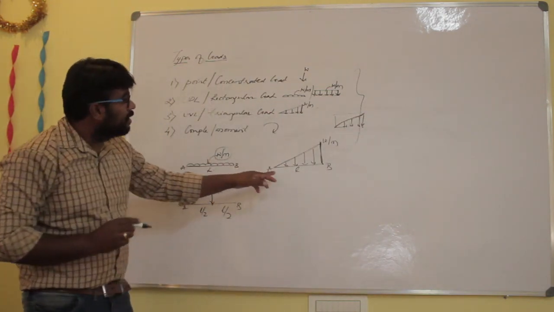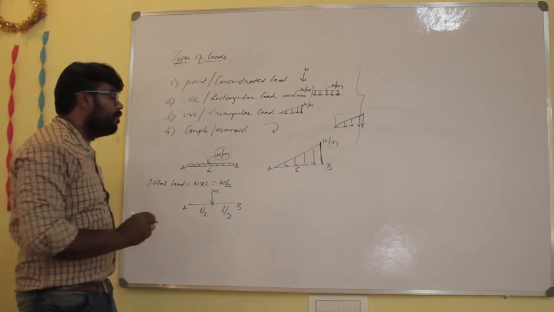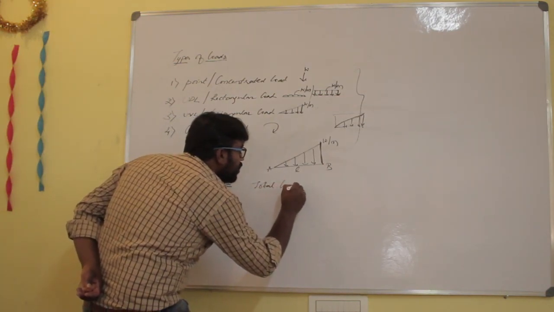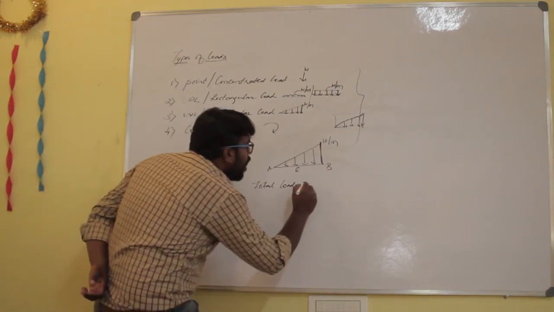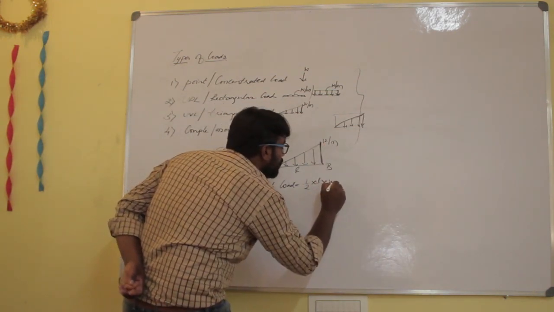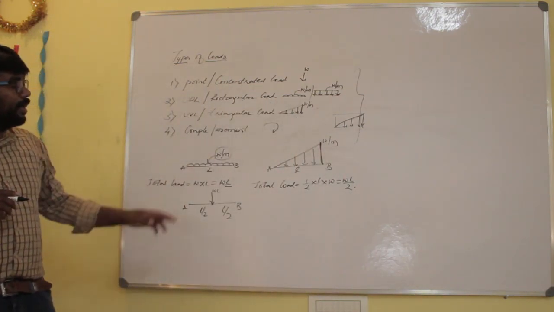So the total load is half of the rectangular load, or else we can use the area of a triangle. Total load is equal to half into base L and height W, so total load is WL by 2 for a triangular load.